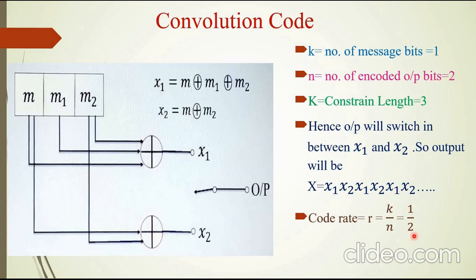So the code rate of this convolution encoder example is 1 by 2.